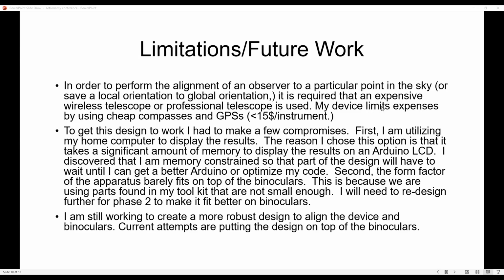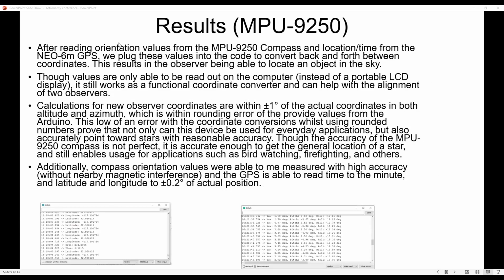So I'm using, I think it was called Mini IMU version 5, and every single new compass takes new code, so this one's still in development. I still have to do some calibration with it to get decent values, but it's looking a lot better than the other compass.